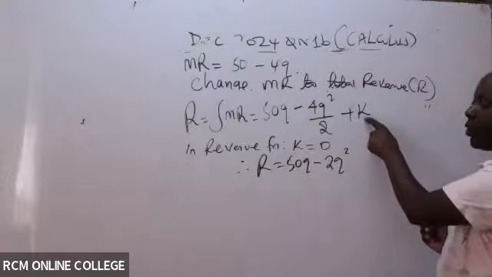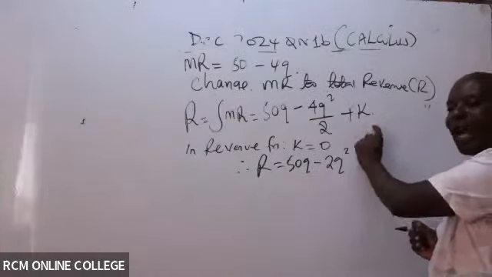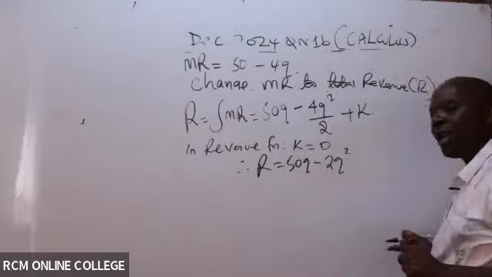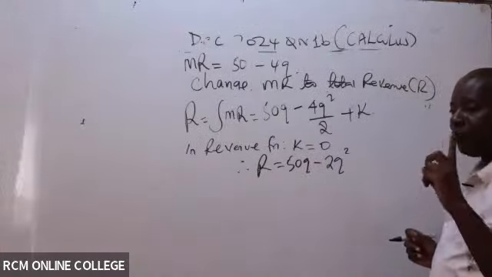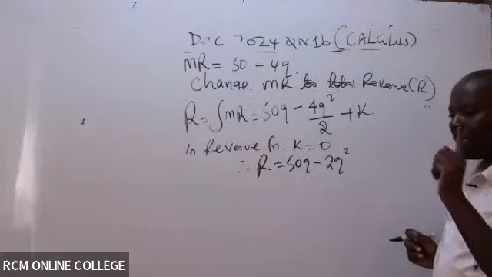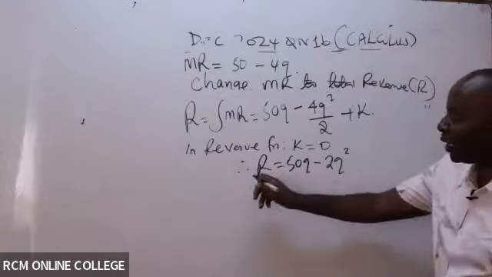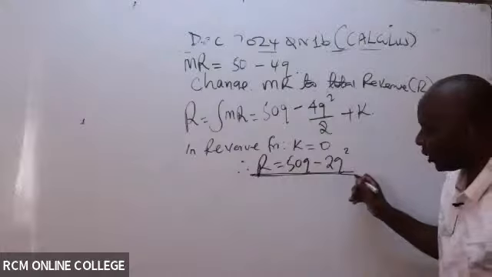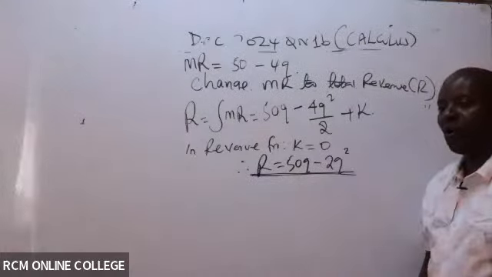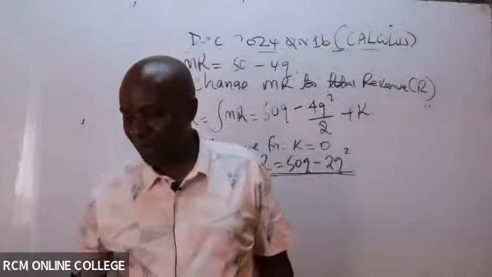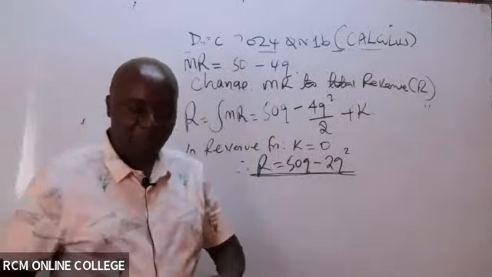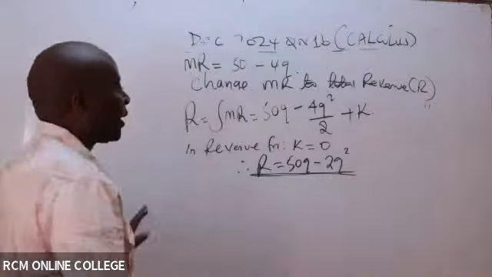Where does this k go to? K disappears because under the revenue function, k is always 0. So can you kindly double underline this revenue function and confirm to me whether we are together there? Yes, you simply say Y for yes. Thank you so much.